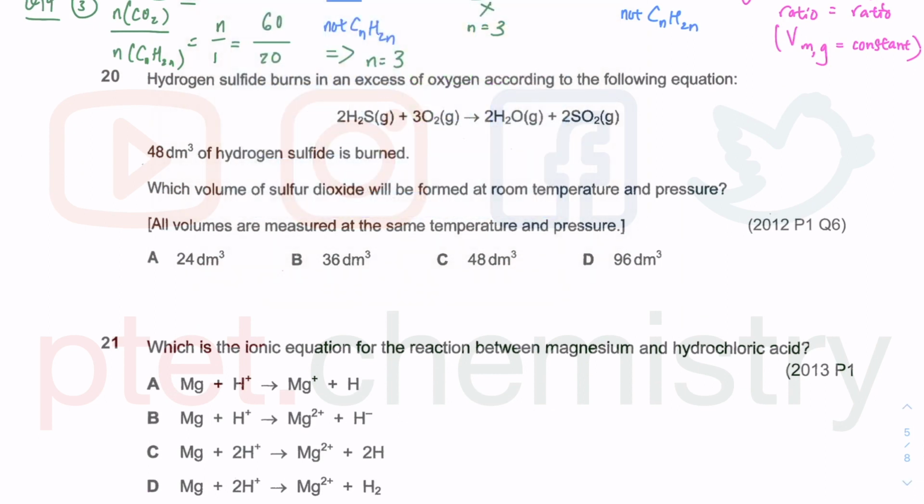In the next question, we have a similar type of thing. We're looking at the volume of sulfur dioxide, which is SO2, so it's a gas. We know this volume here.